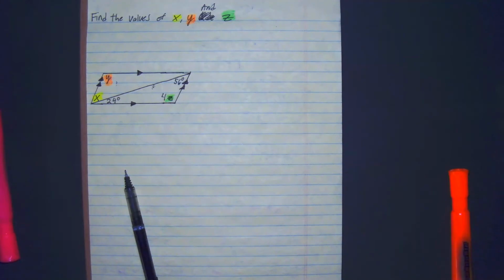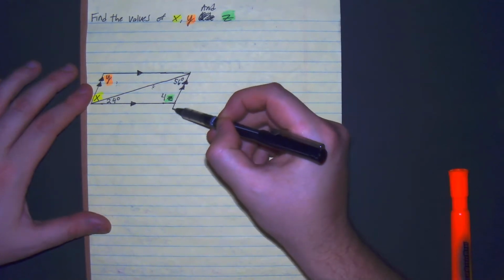However, let's not get ahead of ourselves, and let's just use our properties of transversals and parallel lines, then using the rules we know kind of off the top of our head. So first, like what we were doing for the other problems, let's extend these parallel lines.